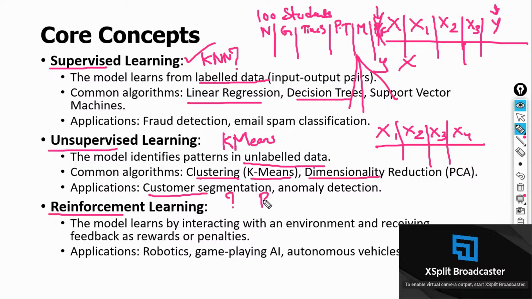Take the banking sector. Depending on your CIBIL score, they may do customer segmentation, or depending on the transactions, they may do segmentation. Based on your performance, they'll make segments, and with respect to your segments, they'll target you.